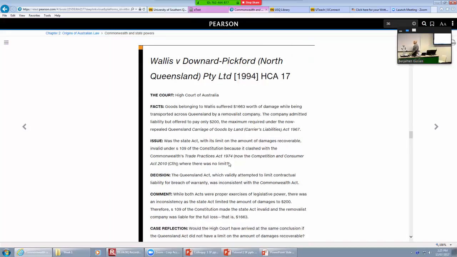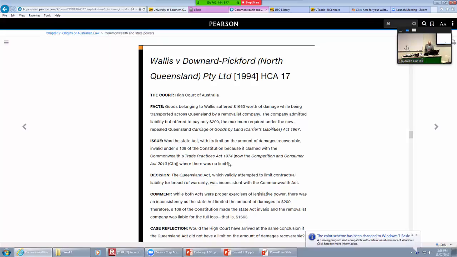So they said that there's this tension between the cap given by the State Act and the no limit approach given under this Trade Practices Act. We said that this has been repealed now, and it's called the Competition and Consumer Act of 2010, which is a Commonwealth Act. And that's where we will also be looking at the Australian consumer law when we get to that.